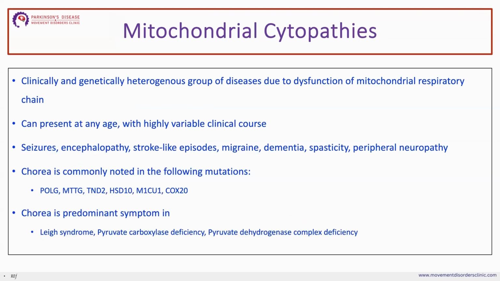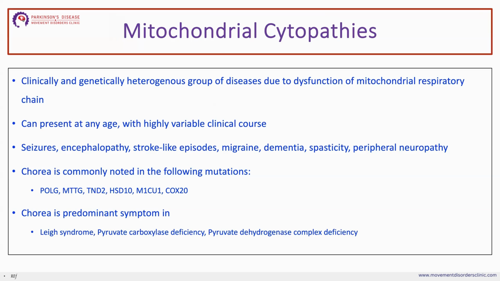The other disorders are mitochondrial cytopathies. These are a clinically and genetically heterogeneous group of diseases due to dysfunction in the mitochondrial respiratory chain. They can present at any age with a highly variable clinical course. Seizures, encephalopathy, stroke-like episodes, migraine, dementia, spasticity, peripheral neuropathy, and chorea are associated findings. When you have a combination of those things, look into mitochondrial cytopathies.